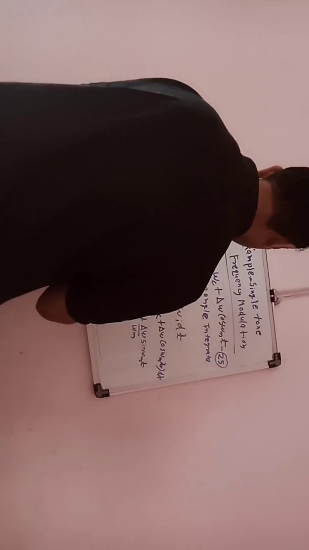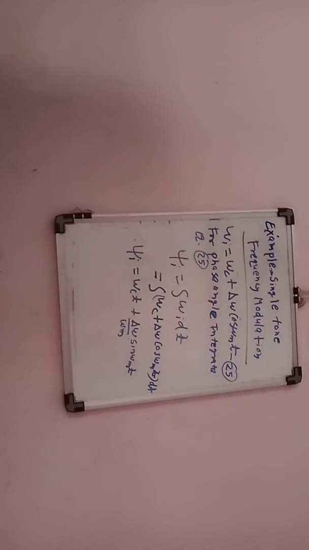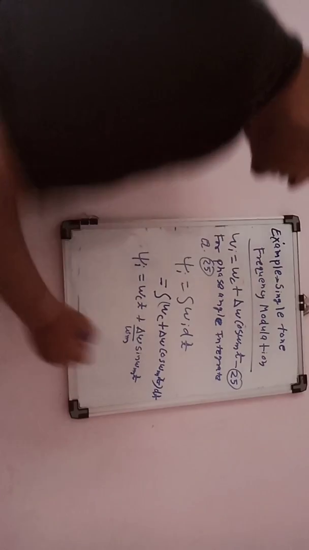This is the expression which I will get after integrating omega I. Omega I is the expression for instantaneous frequency, and after integrating it, I will get the value of phase angle. So let's name this expression as equation number 26.